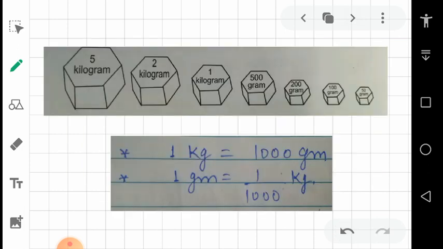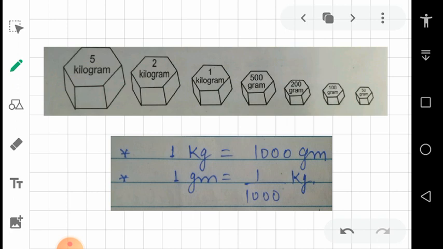As you can see in the picture, the weights are shown. Sometimes you have seen these weights in the market at some shop, starting from 5 kilogram. There are even heavier weights like 10, 20 and 50.